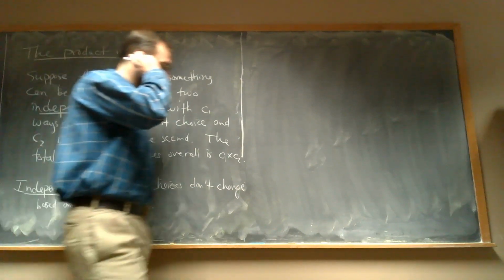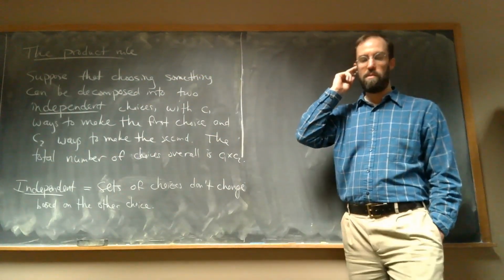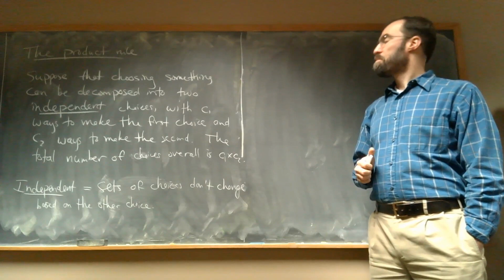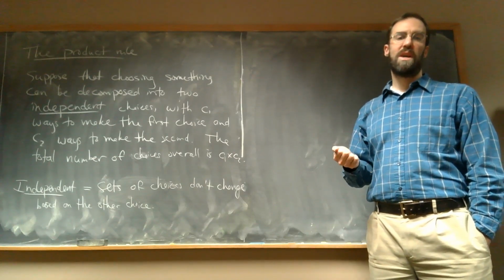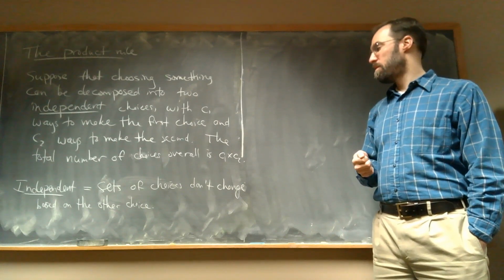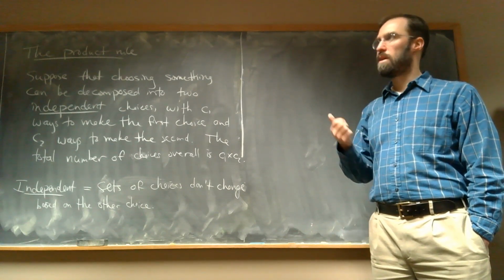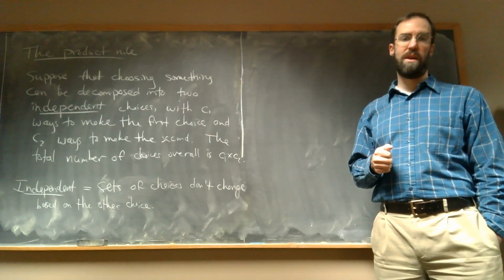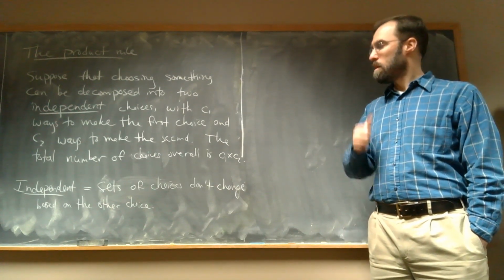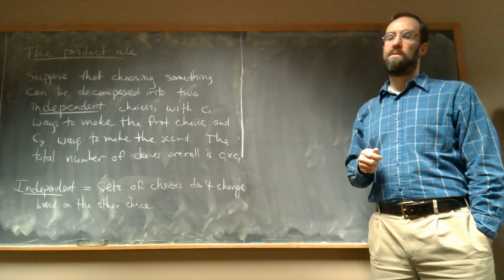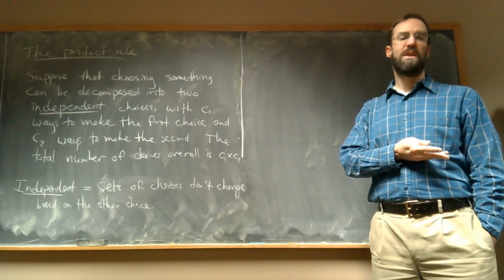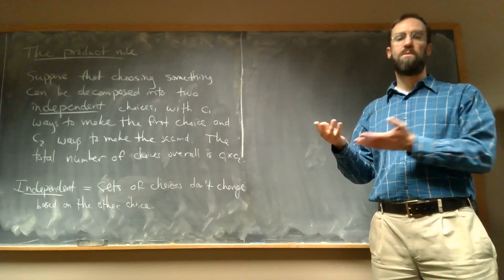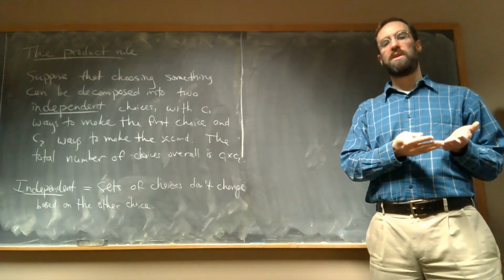Okay, so in other words, let's say that I'm picking a day of the week, and I'm also picking, let's say, how many books I want to read on that day. And if they're independent, if I can pick a day of the week and I can also pick a number of books to read, and which day of the week I pick doesn't affect how many books I can choose.